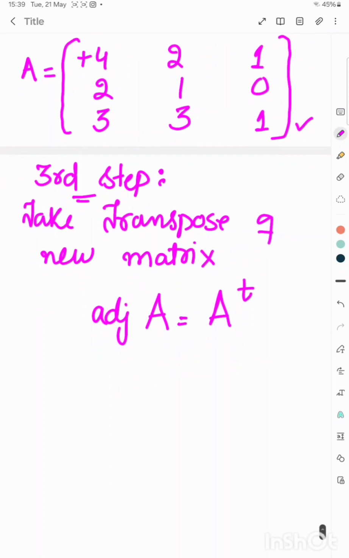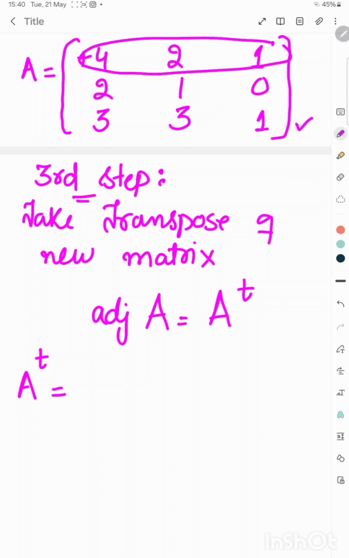So how will I take the transpose of this matrix? I will write here T, which is used for transpose. So student, for the transpose, the first row is this one. When I take the transpose of the matrix, this row will change into a column. So it will be in this shape: -4, 2, 1.